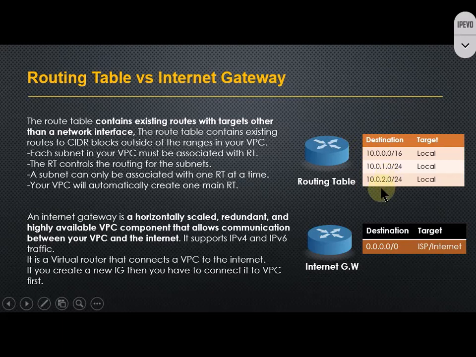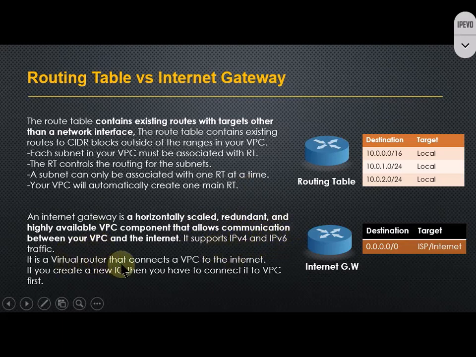But what is an internet gateway then? An internet gateway is horizontally scaled. We have already talked about vertical scale and horizontal scale, so the internet gateway is going to be your horizontally scaled technology. It is a redundant and highly available VPC component that allows communication between your VPC and the internet. It supports IPv4 and IPv6 traffic.